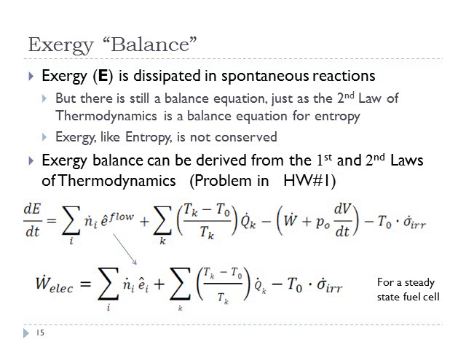The change in the exergy inside of the control volume as a function of time, the rate of change with time, is equal to the flow rate of exergy into and out of the system. Here n dot sub i would be flow into the system, and it's positive. If it's exiting, then n dot sub i would be negative. So you multiply that flow rate times the molar exergy of substances coming into or out of the system.